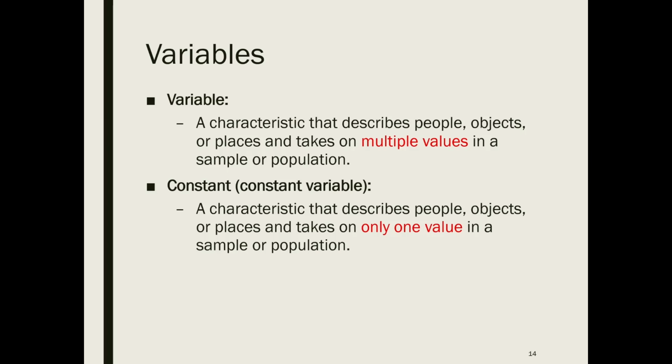Now, make sure that you see this: variable and constant, most likely you will see in a population or in a sample. Okay, so it's not really about a particular case. So for me, you can say my gender, I'm a male, so you can say my gender is a constant, but who knows, someday I will decide to be a lady.